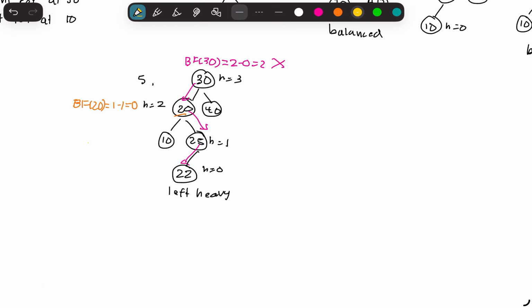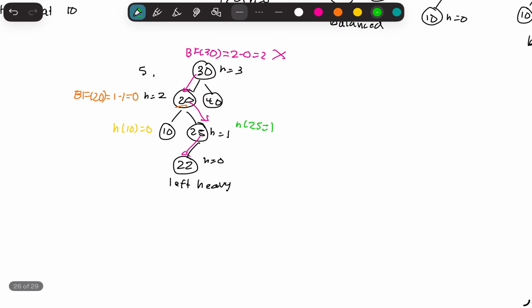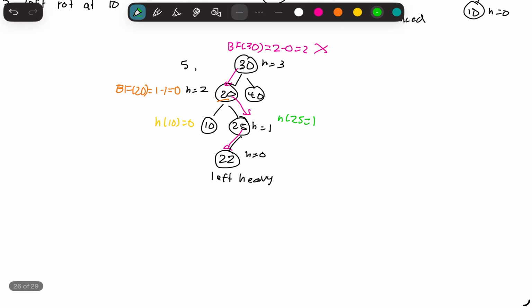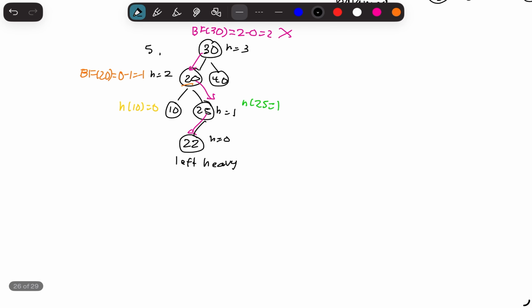Height of 10, H10, is equal to 0. We can see that H25 is equal to 1. So actually our BF of 20 is going to be 0 minus 1. That means it's left heavy with a right heavy child. And when you have that, that's going to be a left-right case.